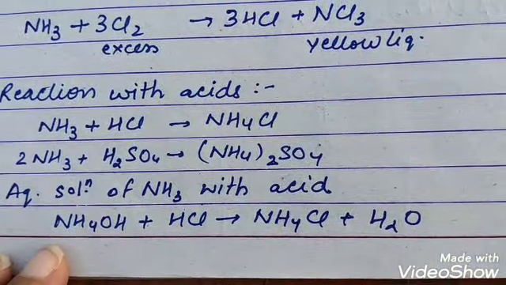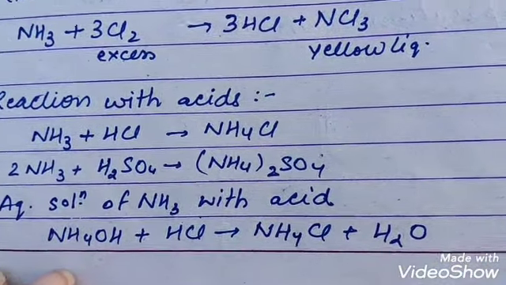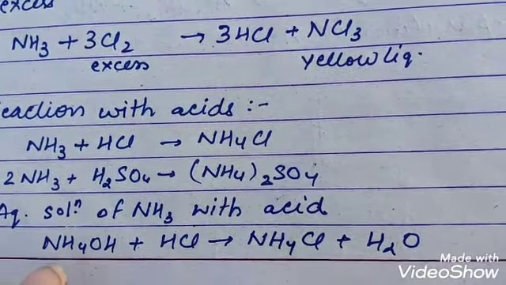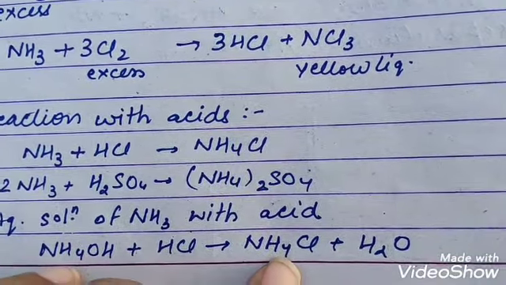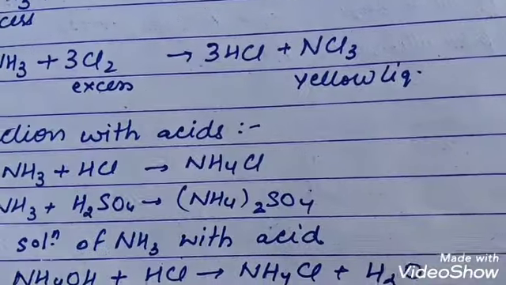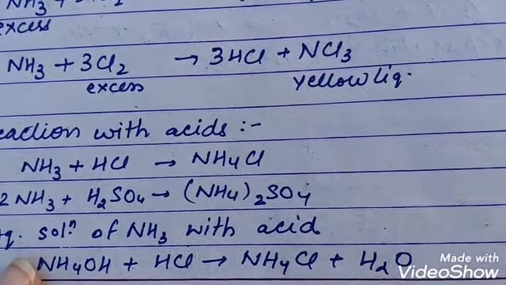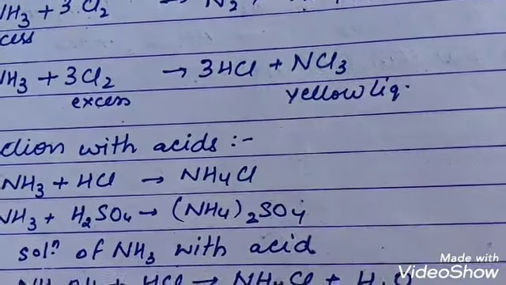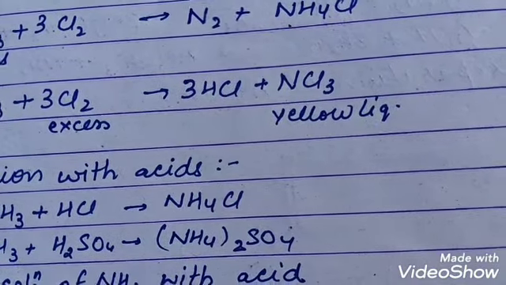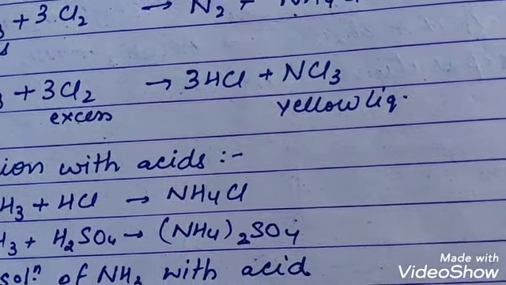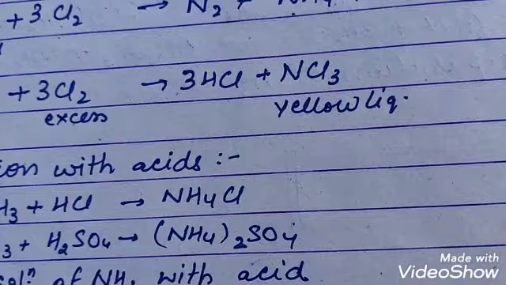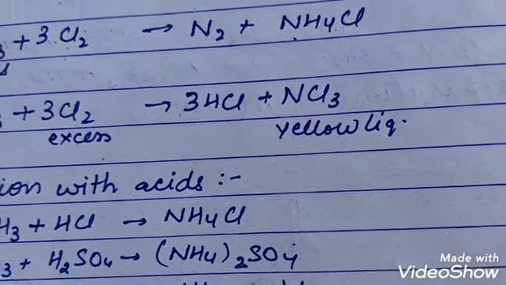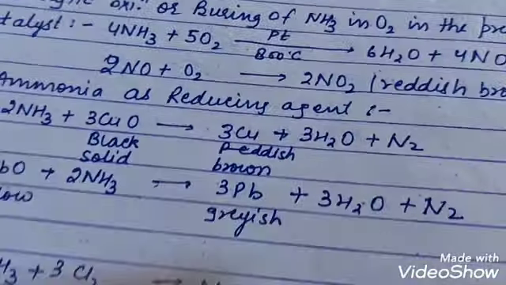Aqueous solution of ammonia with acid. Aqueous means NH4OH. So now base and acid will form salt and water. All right. Aqueous ammonia reacts with many salt compounds also, that you have learned in chapter number 4.